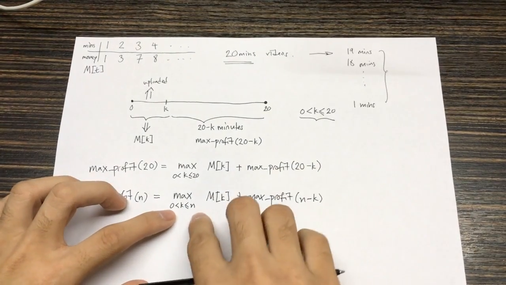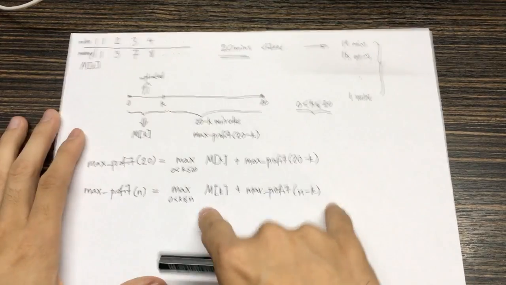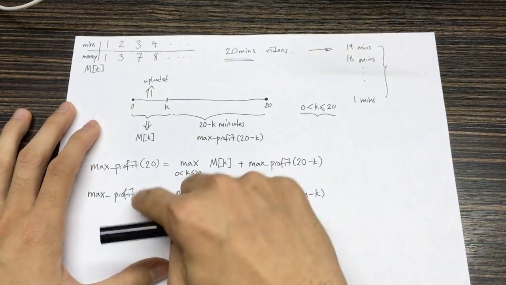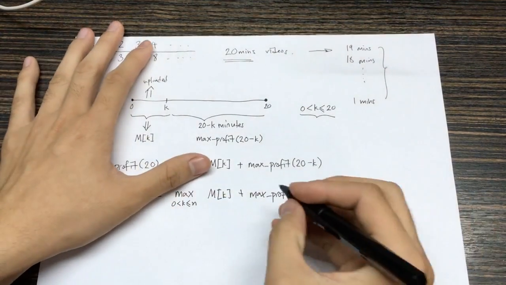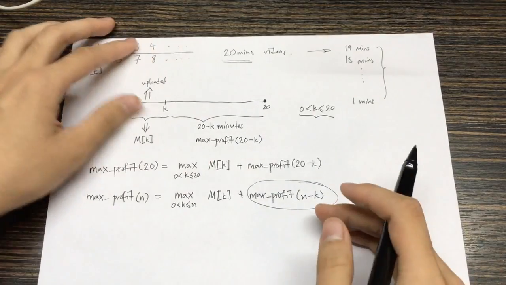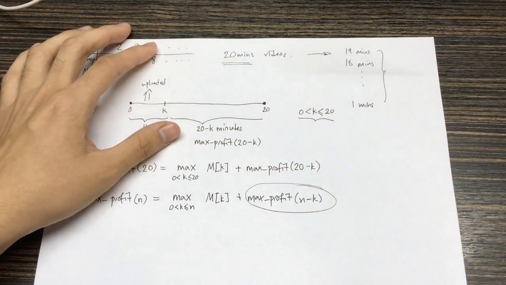And we want to find what value of k gives us this maximum value, and whatever this maximum value is will be the maximum profit we can make from having n minutes worth of videos. And the important part here is that we can find all the smaller cases right before n in order to get the answer for n.